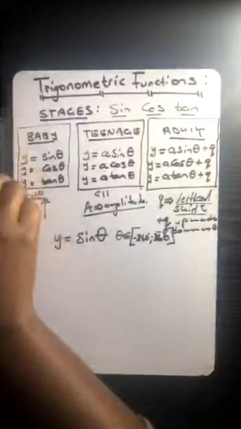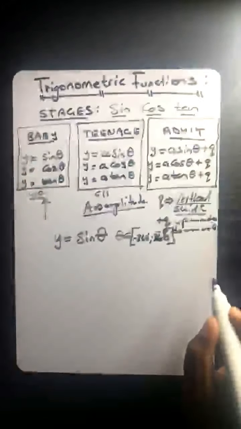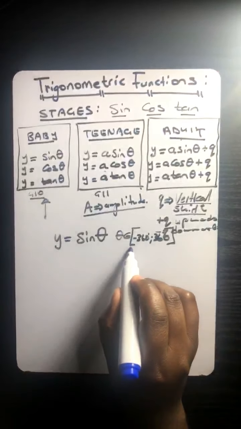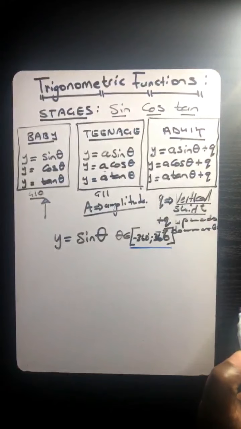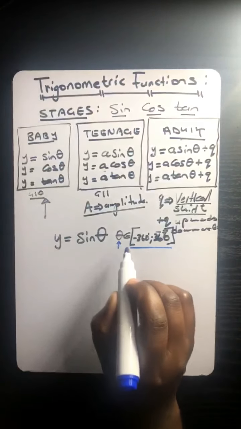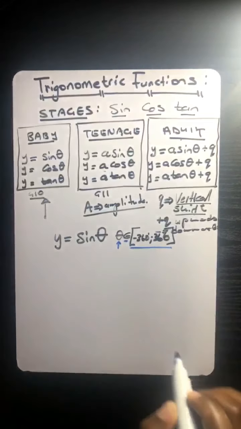So now this is where you start when you sketch your function. Can you see they're saying where your angle is an element of negative 360 to 360.